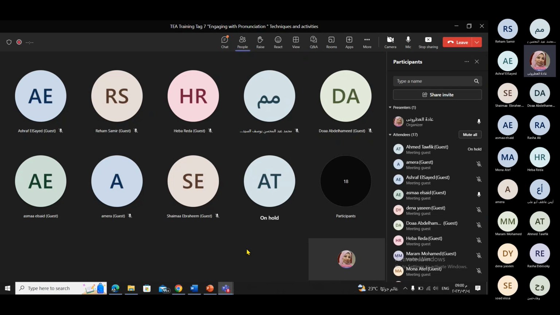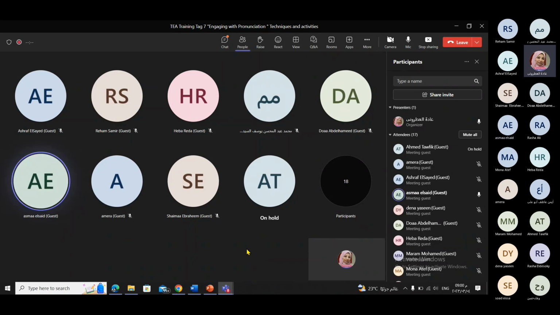Assimilation. Stressed and weak. Yeah, weak forms and stressed forms. Excellent. Elision. Very good, Asma.